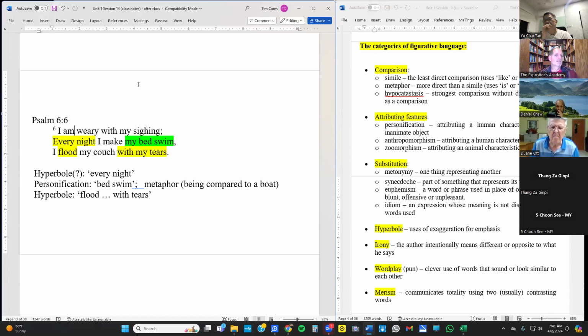So the application could end up being erroneous. Like you said, God will only hear you if you are crying every night.